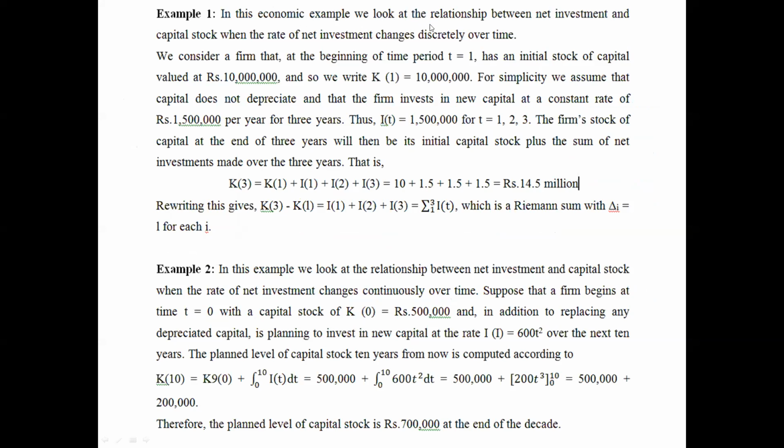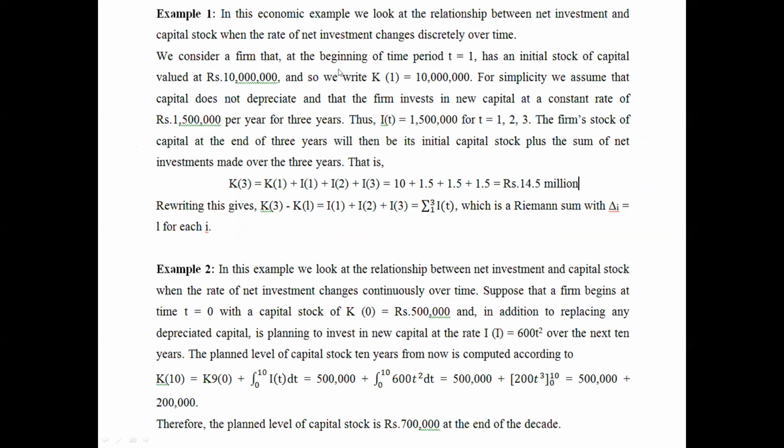Now in this economic example, we look at the relation between net investment and capital stock. So these are the two examples. In the first case, investment changes discretely. In the second case, it changes continuously. So we have a firm at time t equal to 1.